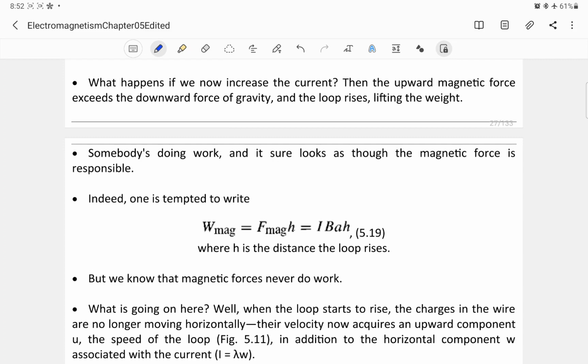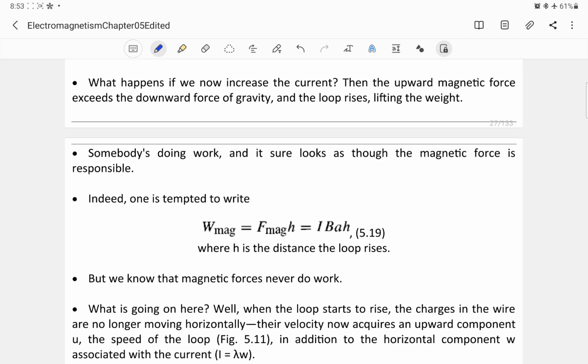You would think that the magnetic force is doing the work, but no, the magnetic force does not do work at all, because it's always perpendicular to the direction of the displacement. What does the work here, when you increase the current, is the work done by the battery.